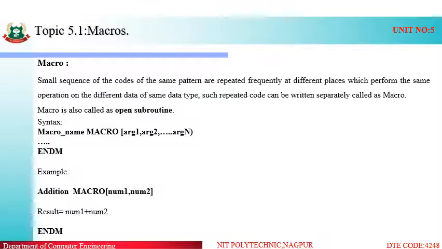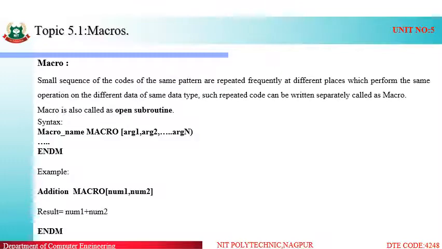So what is the difference between the function and macro? A function is placed in the same code segment, whereas macros are placed at different places. Otherwise the functioning of the function and the macro is the same. So how to write a macro?